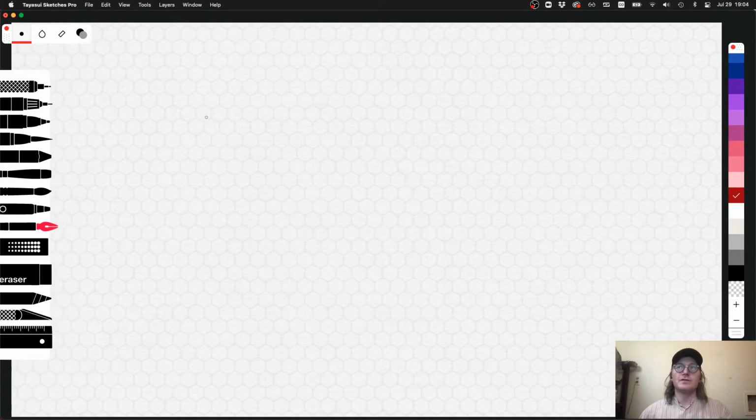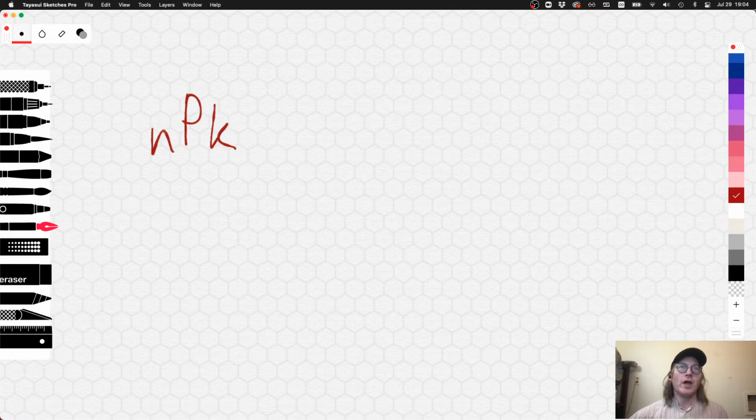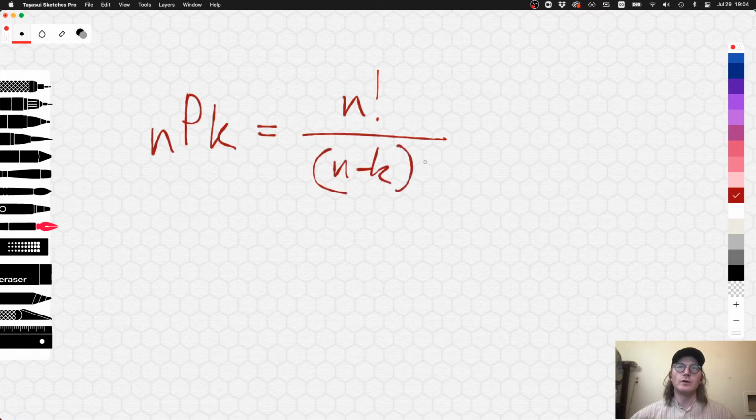Let me center that. And let's just look at the permutations formula again really quick. So n permute k, where n is the number of items that we're selecting from, k is the number of items that we're arranging from n, and this is just n factorial over n minus k factorial.